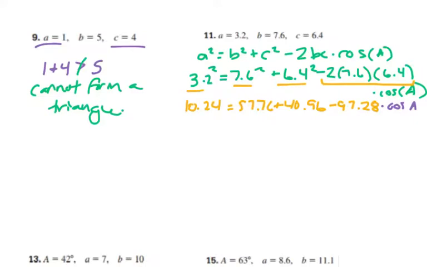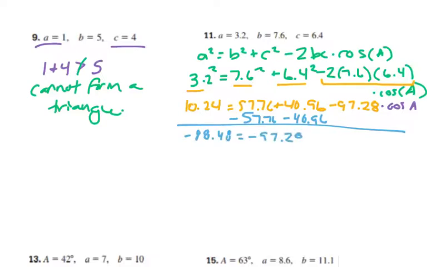Alright, so what does that mean algebraically? We're going to subtract that 57 number and that 40 number to the other side. So 10.24 minus 57.76 minus 40.96. So we get negative 88.48, but that's going to equal negative 97.28 times cosine of A. So how do we solve that?